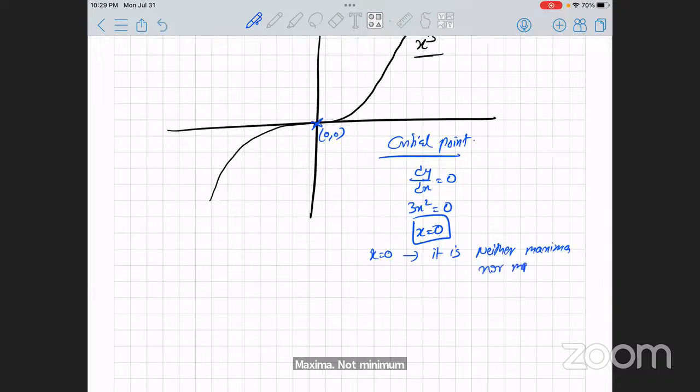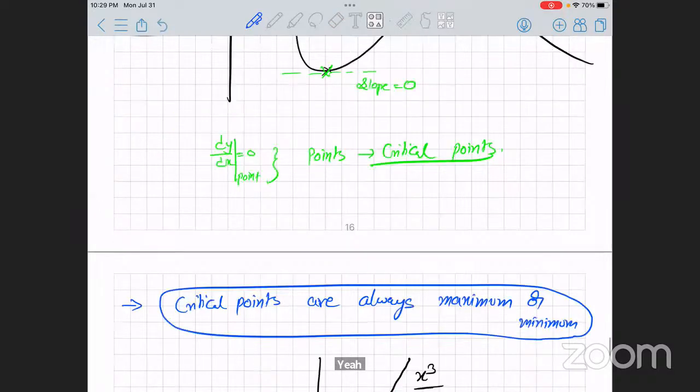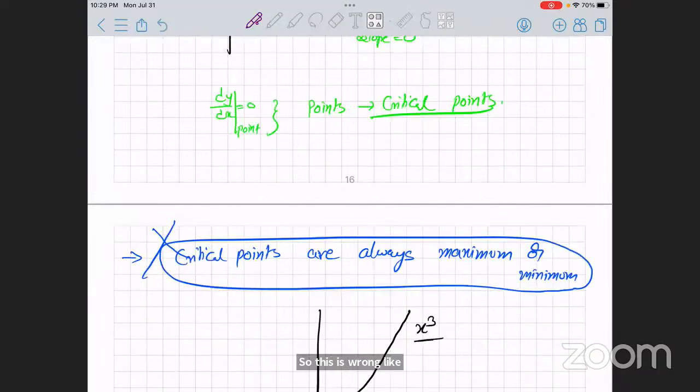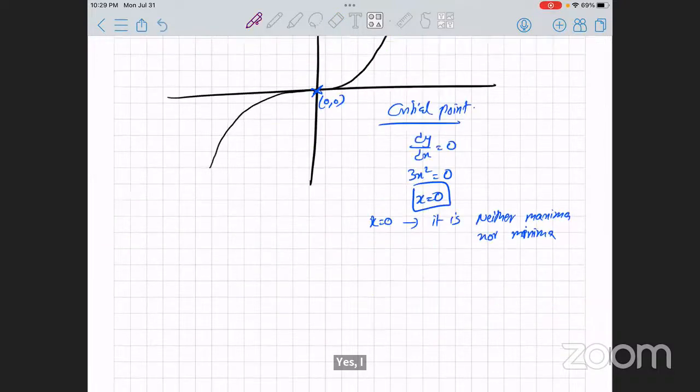So the first definition is wrong, right? Listen to this carefully: critical points are not always maximum or minimum.